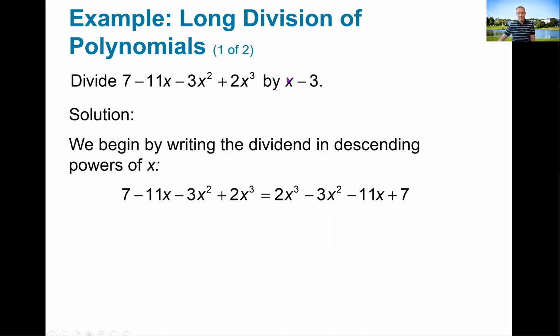My divisor, x minus 3, is already in descending order, but what I'm dividing into is in ascending order. That does not work. So the first step is to rewrite what I'm dividing into descending order. So I put 2x cubed minus 3x squared minus 11x plus 7.